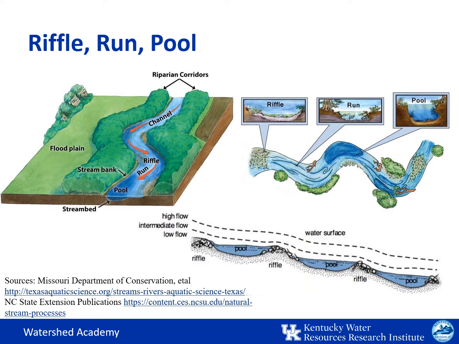A riffle is the shallow, faster moving area of the stream where the water is actually moving uphill just a little bit. A run is a medium depth area between the riffle and the pool. A pool is a deeper area with a low water velocity. A glide is the gradual increasing area between the pool and the riffle.